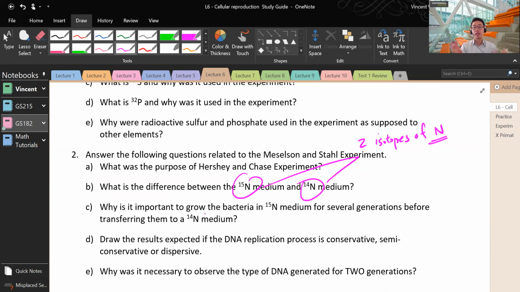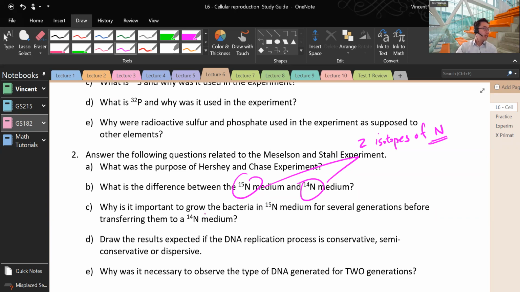So in theory, a majority of the DNA is going to contain the heavier version of the nitrogen. Then you transfer them to the lighter one. From that point on, all the nitrogen that will be used to build new DNA will have the lighter version instead. And that's how you can detect the difference. Does that answer your question?